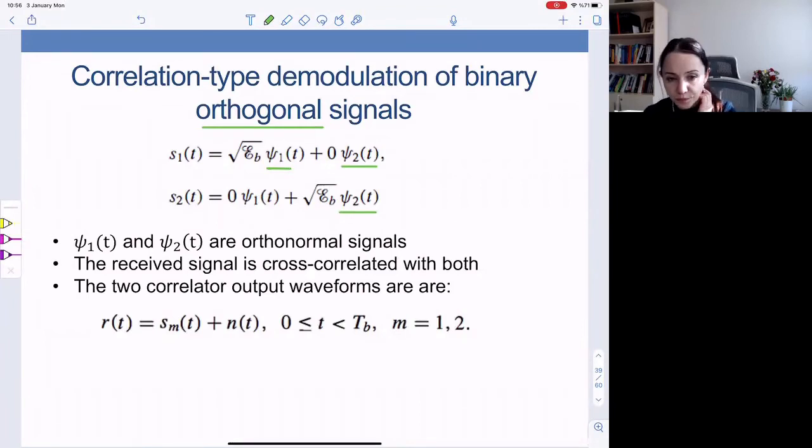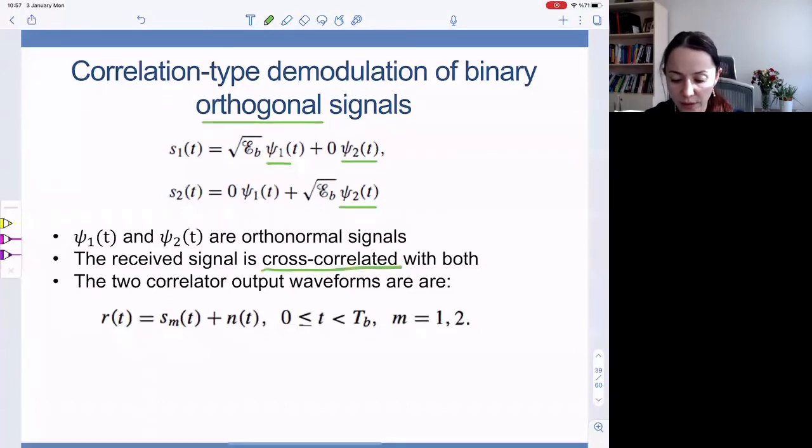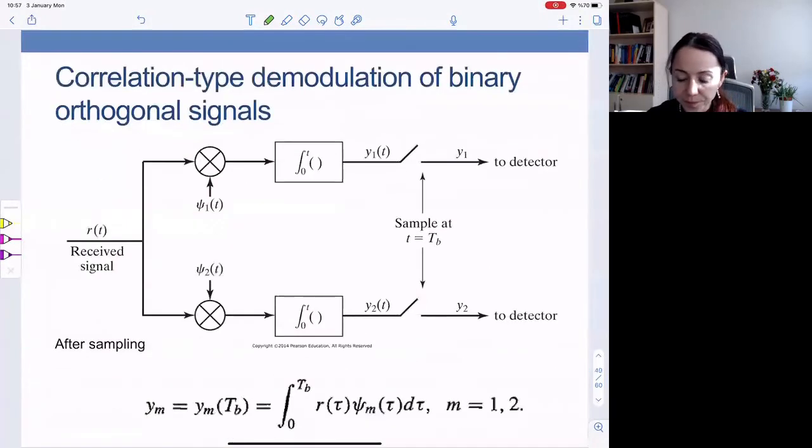So, in this case, it is optimal to cross-correlate the received signal with both basis functions and obtain a two-dimensional correlator output. That is, have two branches.